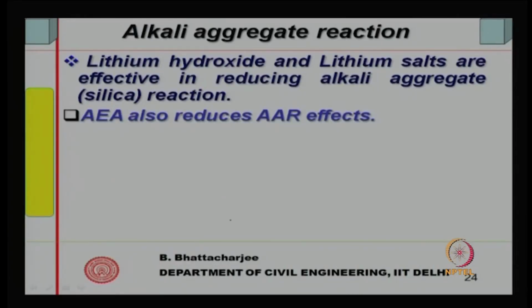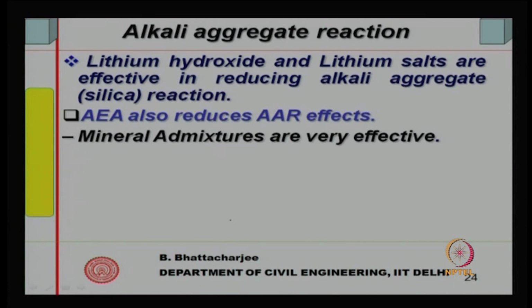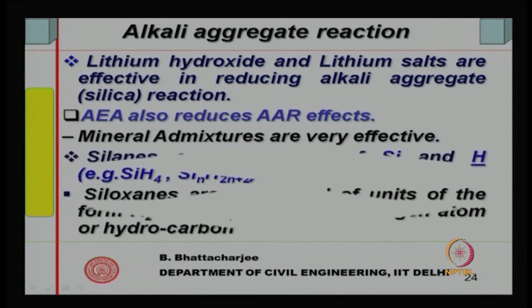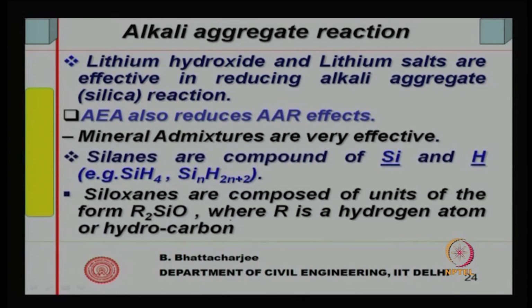Air entraining agent also reduces the alkali aggregate reaction effect somewhat, because the air voids which are available, the expansion can be taken, and mineral admixtures are very effective in this, mainly fly ash addition in the beginning or granulated ground blast furnace slags, they are very useful.